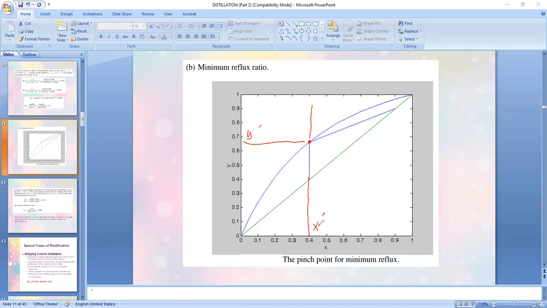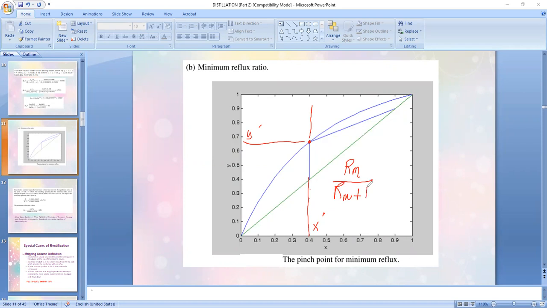When you have this, can somebody recall the formula for determining the minimum reflux ratio using the X prime and the Y prime? We discussed that last week. So we have the minimum reflux ratio. Ano miss?